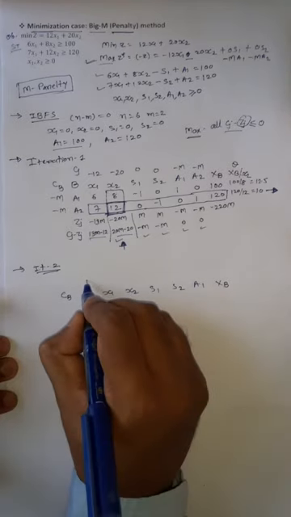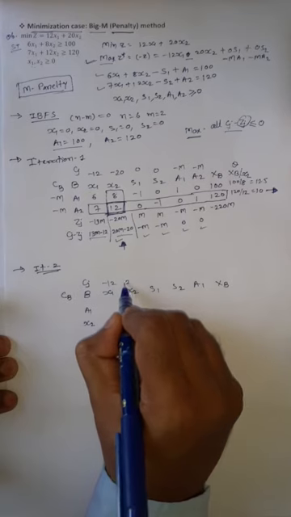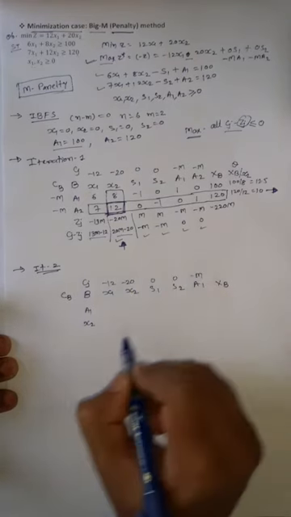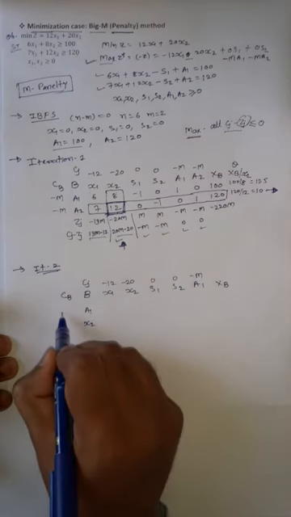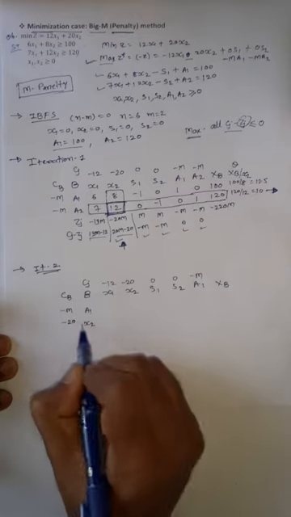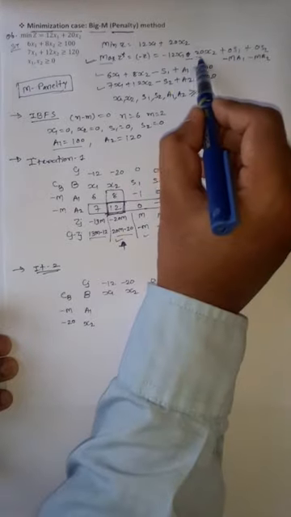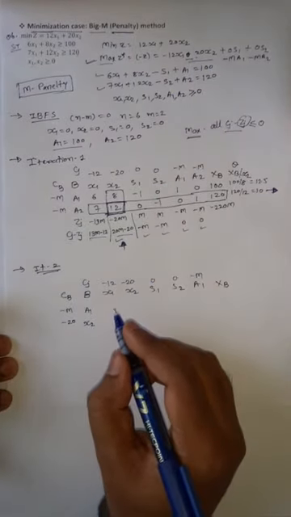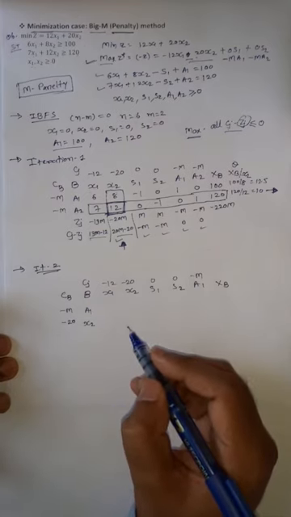Now the coefficients of all these variables in the objective function are minus 12, minus 20, 0, 0 and minus M. For the basic variables, for a1 it is minus M, and for x2 it is minus 20, because in the objective function x2 has a coefficient of minus 20. So now exchange the elements with the proper method.